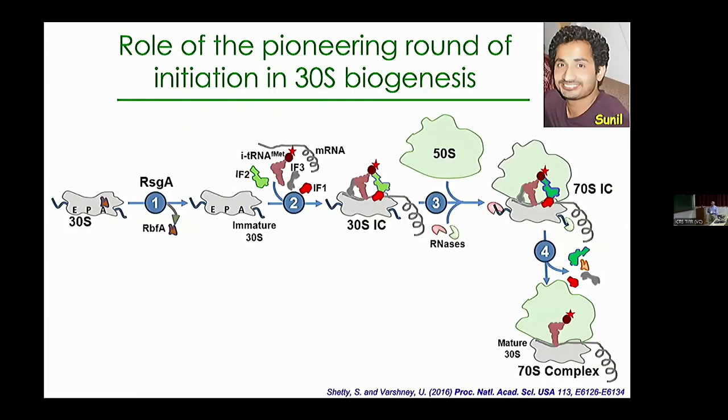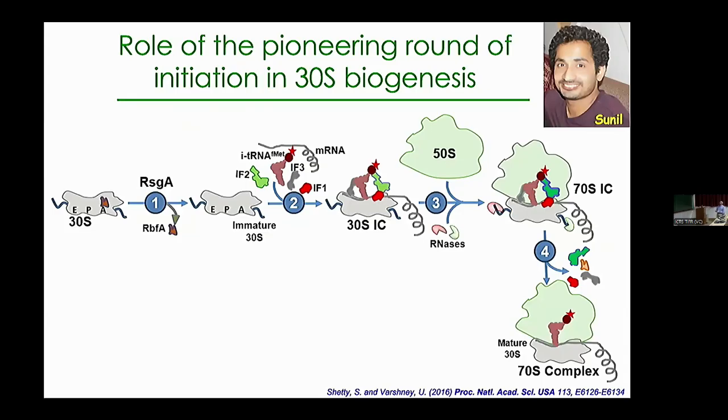So what he was able to show was that we have this 30S, where RbfA is the factor which is working towards the end. And this RbfA is actually removed from the ribosome by another biogenesis factor called RsgA. This is a GTPase. So you get a situation like this, and you see these are extensions at both the 3' and the 5' ends.